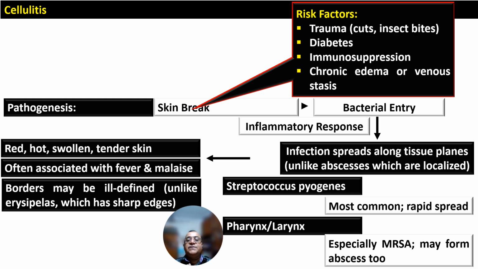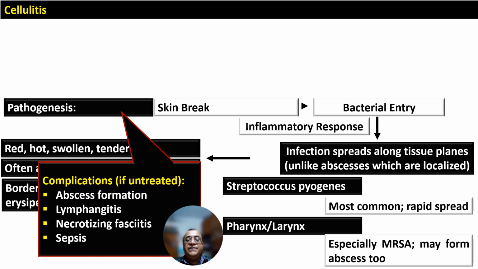The risk factors for skin break are trauma, cut, or insect bite. While in diabetes mellitus, there is peripheral neuropathy that is associated with repeated unnoticed trauma. Immunosuppression is another risk factor, and chronic edema or venous stasis also contribute to the list of risk factors.